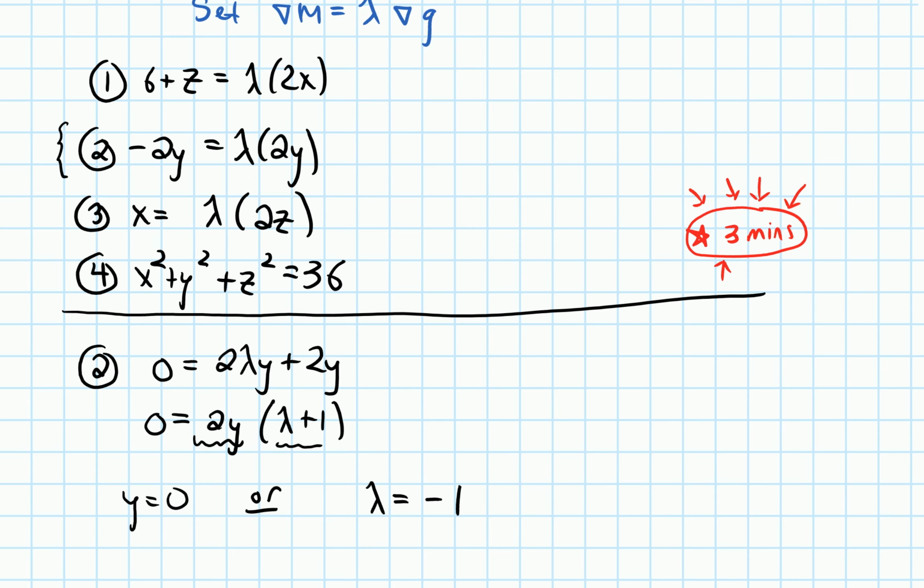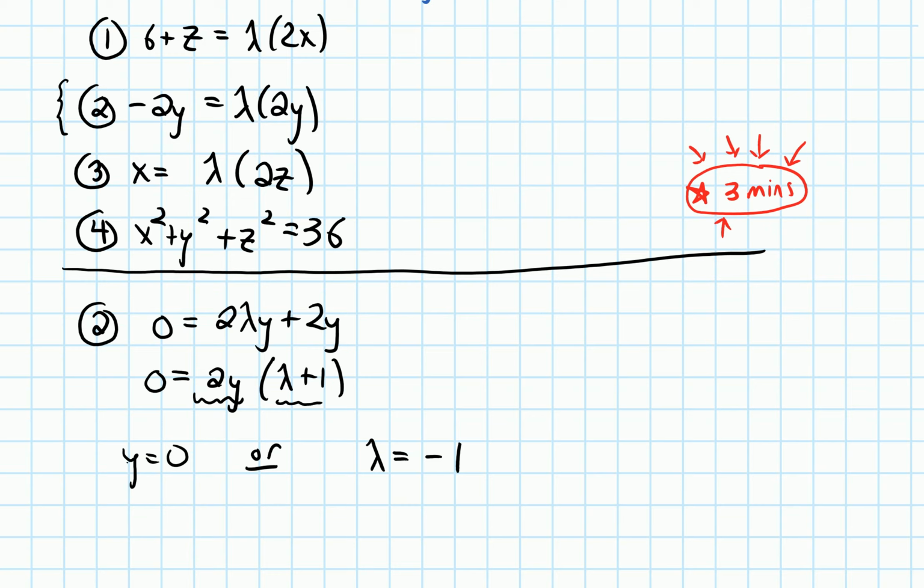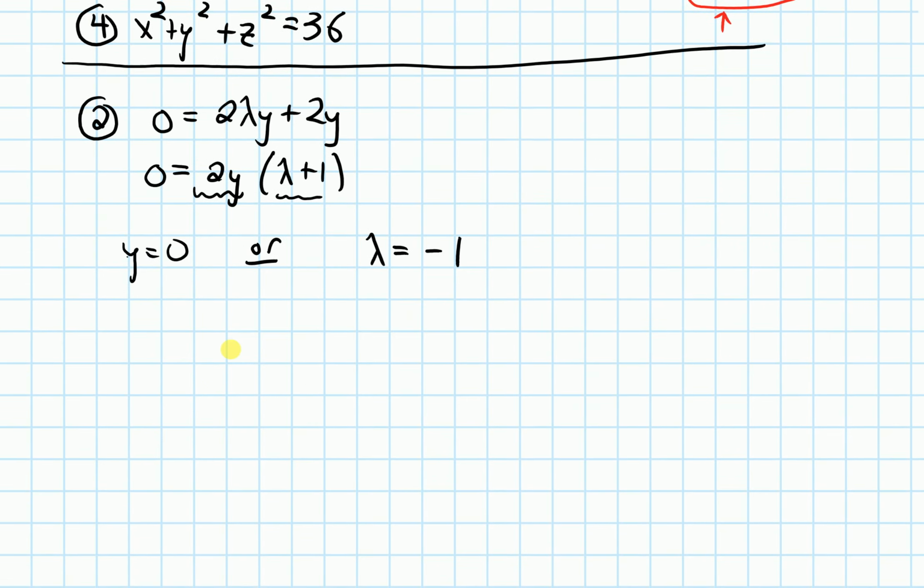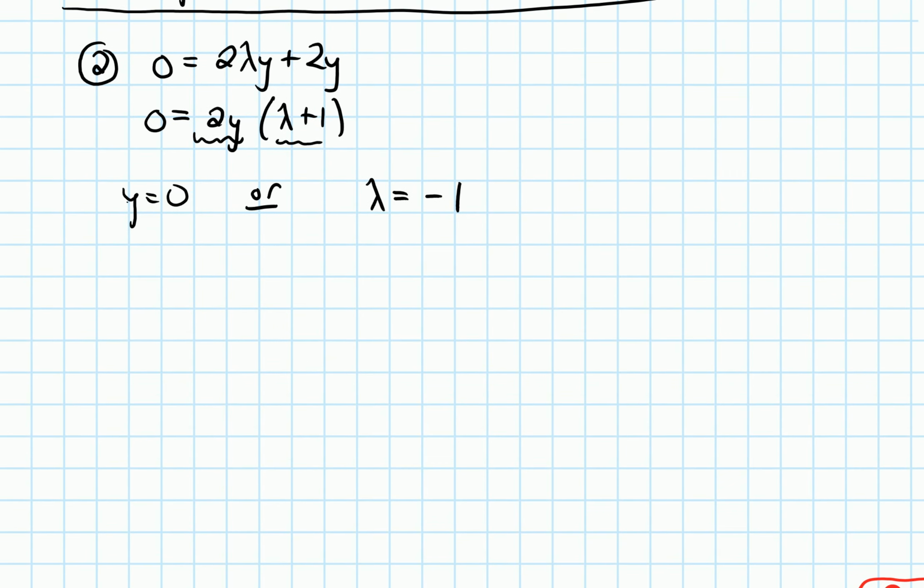So notice that if I divided both sides by 2y, I would have missed the first possibility where y equals 0. And that would have been bad. I would have lost possible answers. That would have been a major error. Okay, so we have these two possibilities that we need to consider: y equals 0, and lambda equals -1.